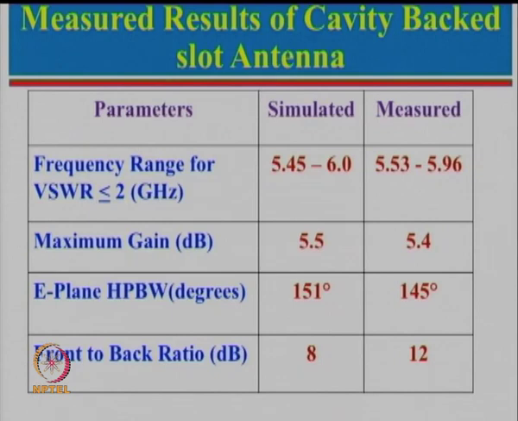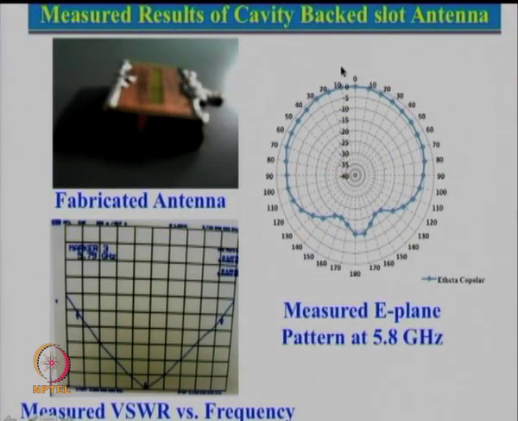So, here is a comparison of simulated and measured results. In the simulated results, we got a fairly large bandwidth of more than 500 megahertz, and these are the measured results. You can see that they are relatively close to each other. Gain measured and simulated are fairly close, and these are the half power beam widths. This half power beam width can be seen from here, and it is a much larger thing here.